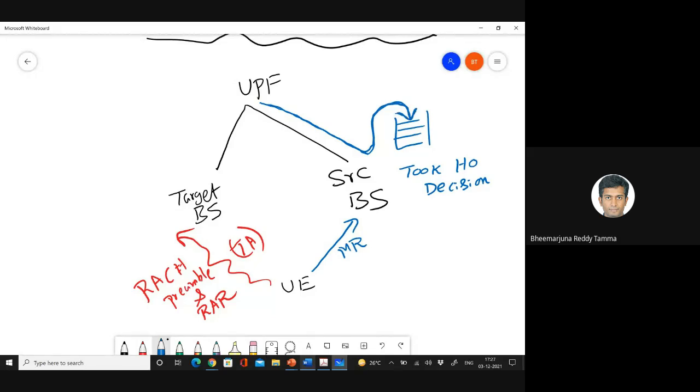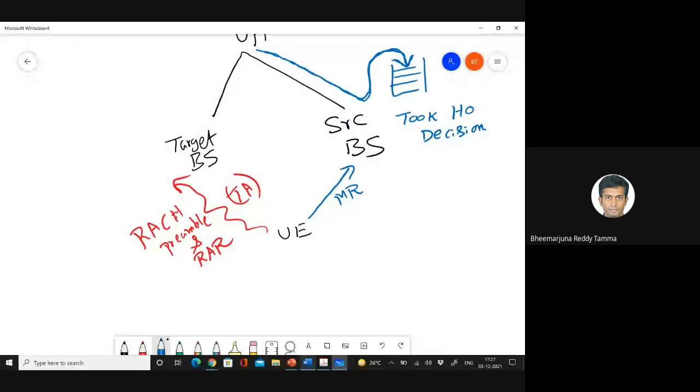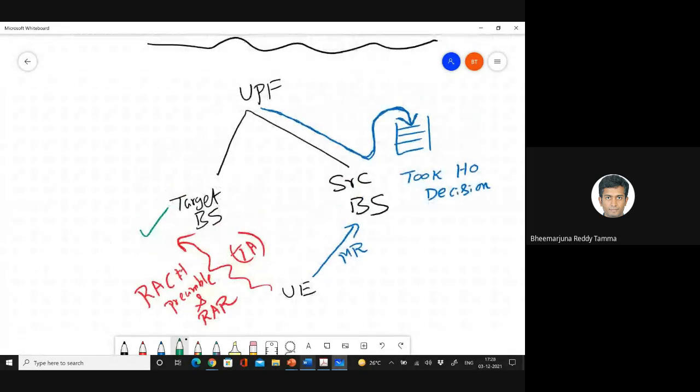Let's assume that after a while the handover procedure has completed, so the RACH is completed. Then the target base station informs the AMF with the path switch message. The AMF talks with the SMF, the session management function, which in turn talks with the UPF.